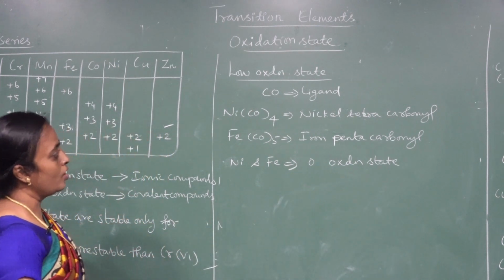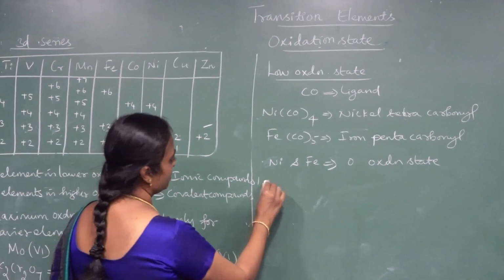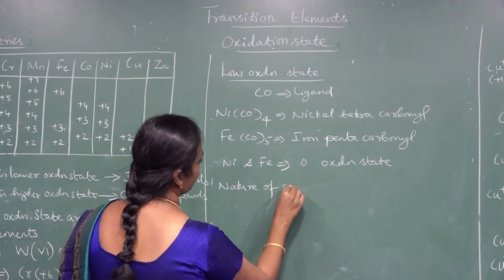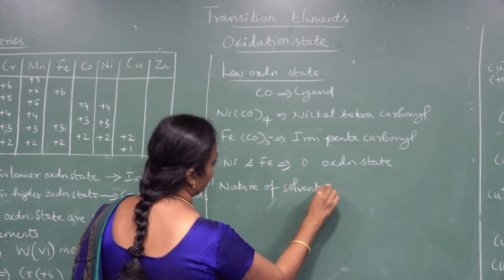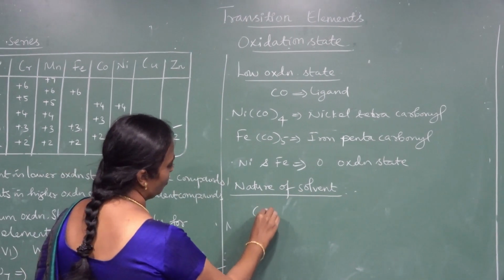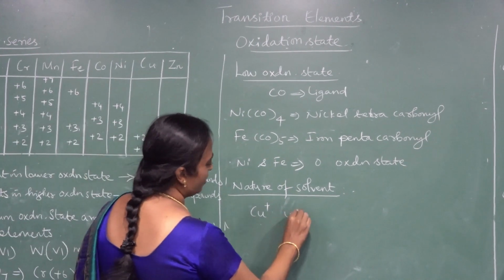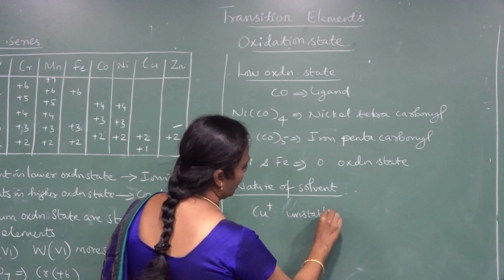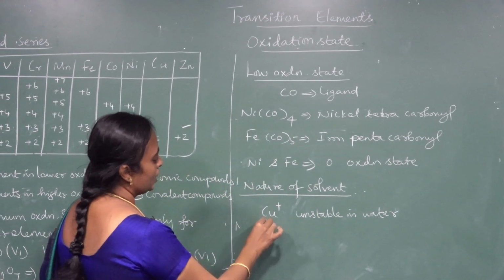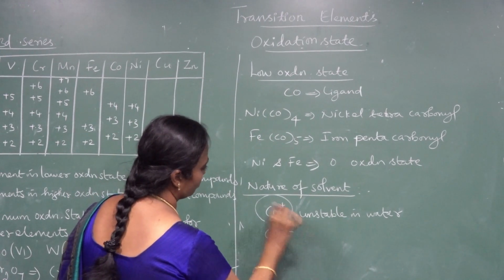And next, the oxidation state depends on the nature of the solvent. What is the effect of the nature of solvent? For example, if I take the Cu plus ion, that will be unstable in water, where Cu plus is oxidized and you will get Cu plus 2.